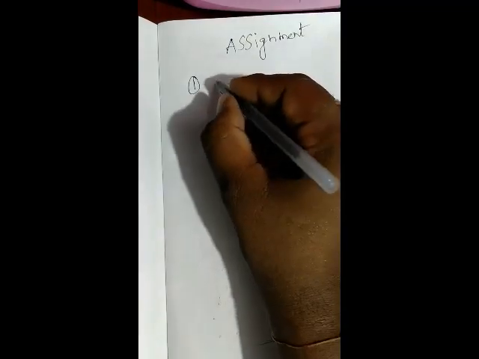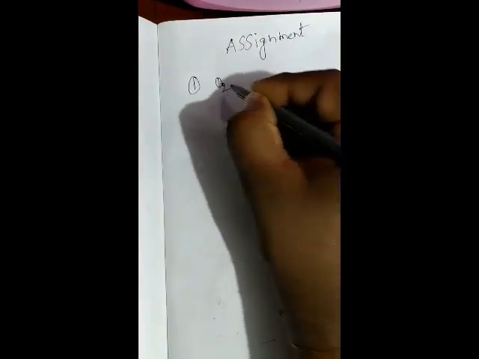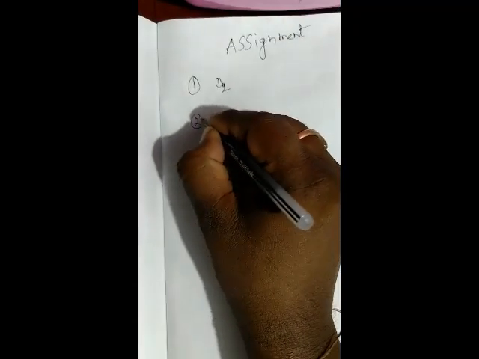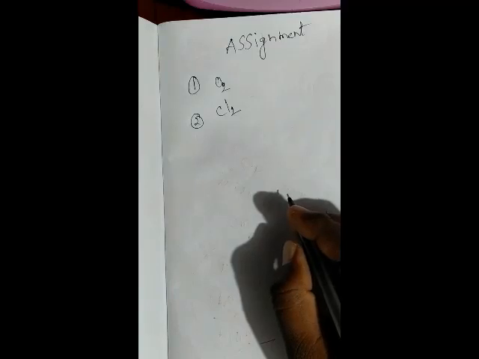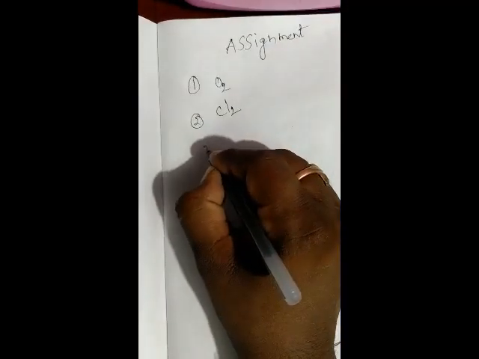Explain the covalent bond between the two O2 atoms in the oxygen molecule. Next, Cl2.